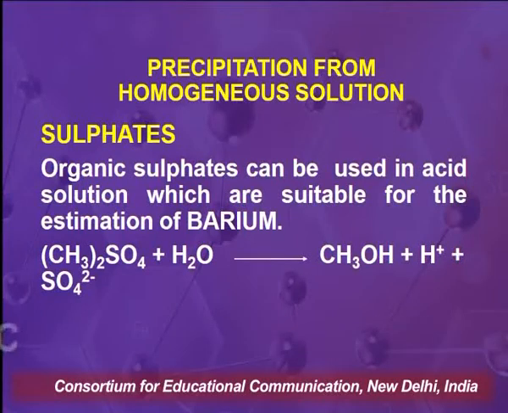As we can see in the reaction here, dimethyl sulfate on hydrolysis gives methanol plus H ions and sulfate ions. The sulfate ions produced in this reaction are in a very controlled concentration, and the amount of sulfate ions produced is comparatively less and suitable for the estimation of barium.